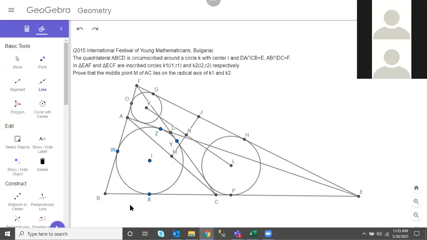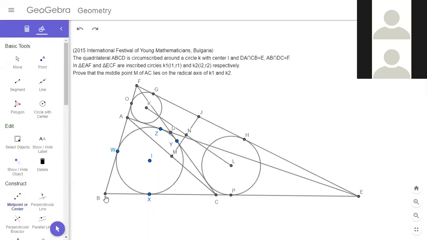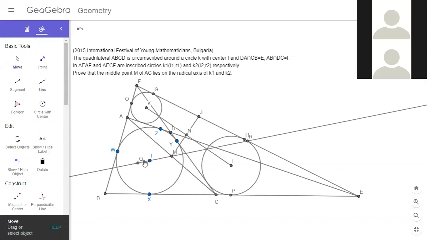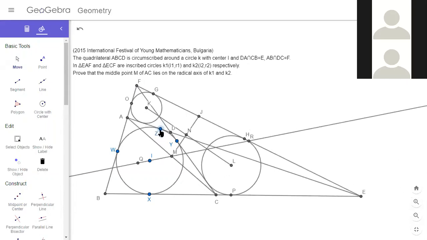So the Gauss line is really interesting. If we have quadrilateral ABCD, and you take the midpoints of AC, BD, and EF, they lie on a line. And it's not that easy to prove, actually, but it's an interesting fact. It doesn't necessarily pass through I. Oh wait, does it?